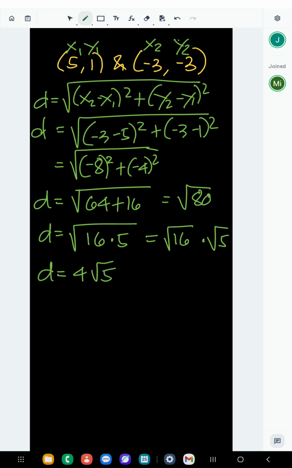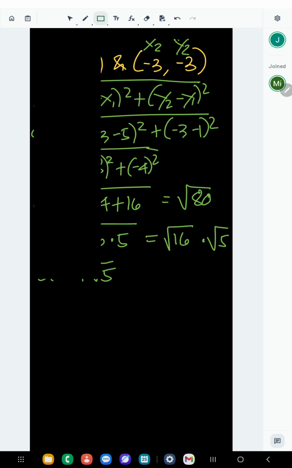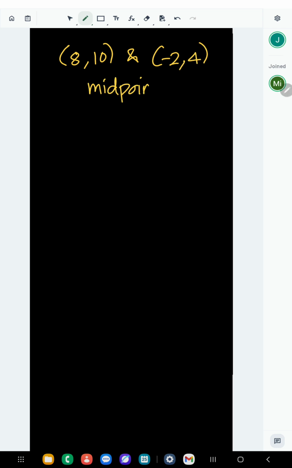Alright. So let's move to number 11. Okay, number 11, find the midpoint of the segment with the following endpoints. So we're given endpoints 8, 10 and -2, 4. You just have to solve for the midpoint.